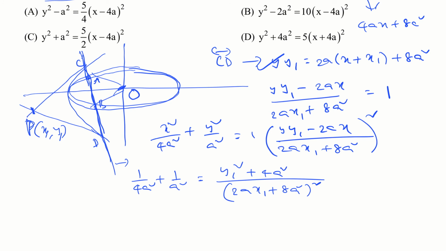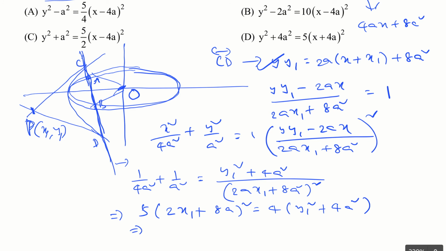Or simplifying this, we have 5 into (2x1 plus 8a) whole square is equal to 4 into 5 (y1 square plus 4a square). Or from this I have 5 times (x1 square plus 64a square), not 64.